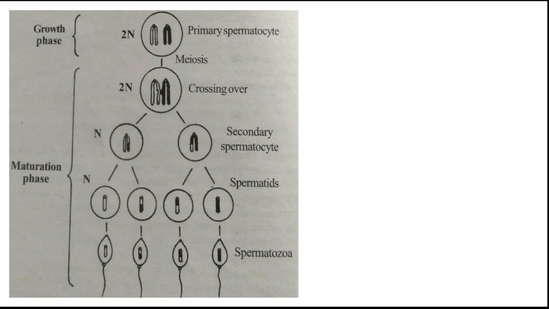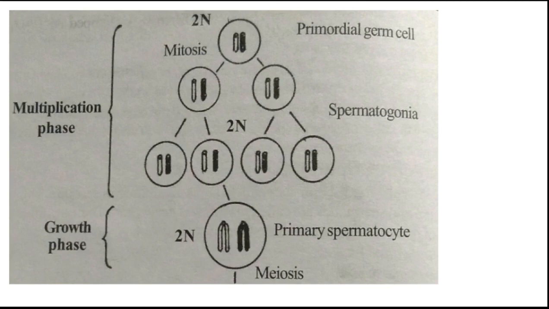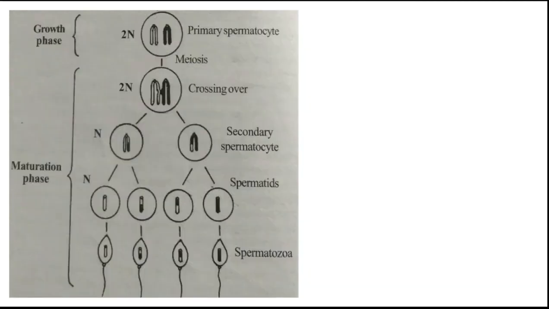The spermatid has only a haploid number of chromosomes, and thus by meiosis each primary spermatocyte is converted into spermatids. The spermatids then differentiate into spermatozoa. That is the complete process of the formation of spermatid, which has three phases: the multiplication phase, the growth phase, and the maturation phase.